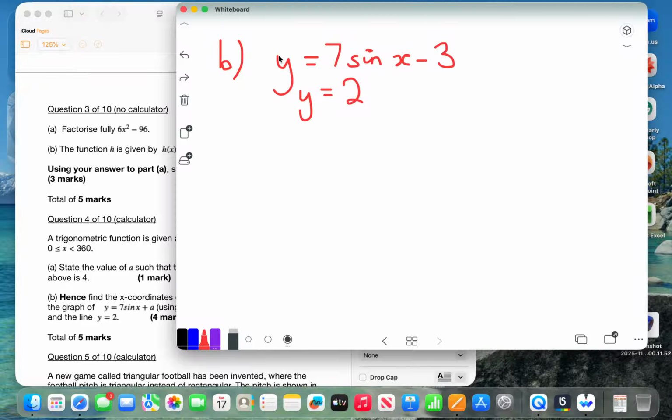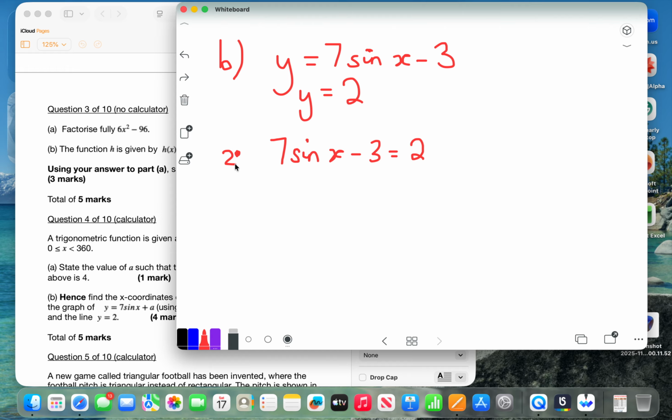So we have y and we have y, so we can equate these two. And this would be the second mark.